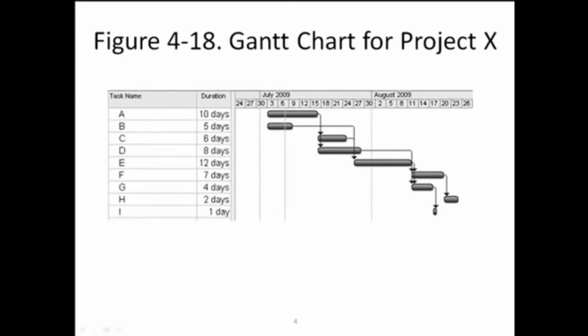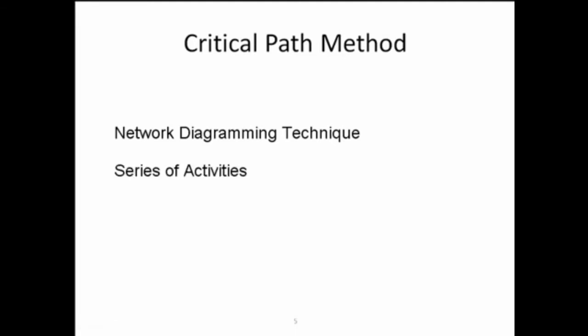However, a more powerful tool to use is called the critical path method. This critical path method is a network diagramming technique used to predict the total project duration. A critical path for a project is the series of activities that determine the earliest time by which the project can be completed.